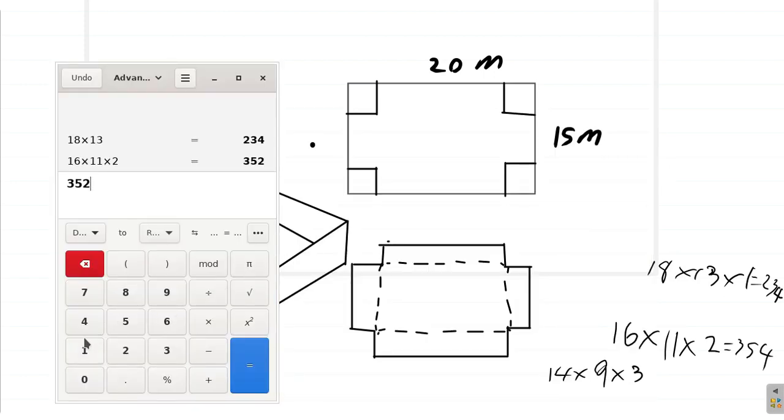It would be 14 by 9 by 3, right? And if you cut off 4, 4 twos is 8, the 20 would reduce to 12, it loses 8, times the 15. 4 from the top, 4 from the bottom, that's a total of 8, so the 15 will be 7, times the 4 high, 336.